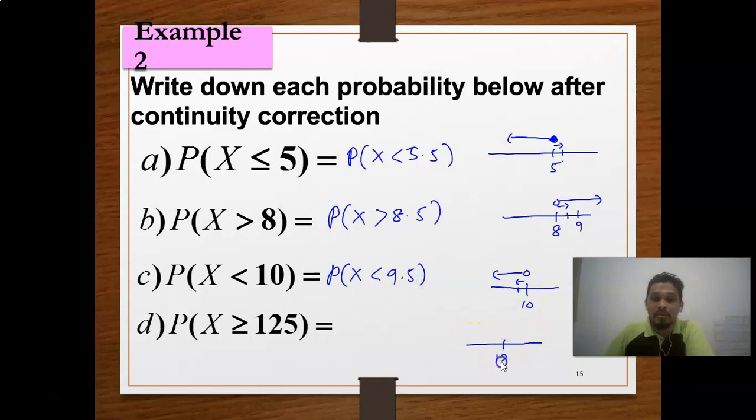And this is x greater than or equal to 125. Just now it did not include 8, so we took 0.5 step to the right. But this time it includes 125, so we take 0.5 step to the left. Okay. So we begin x greater than 124.5.